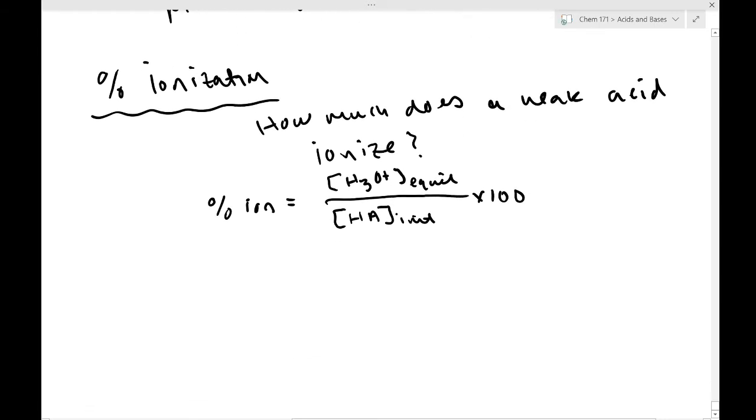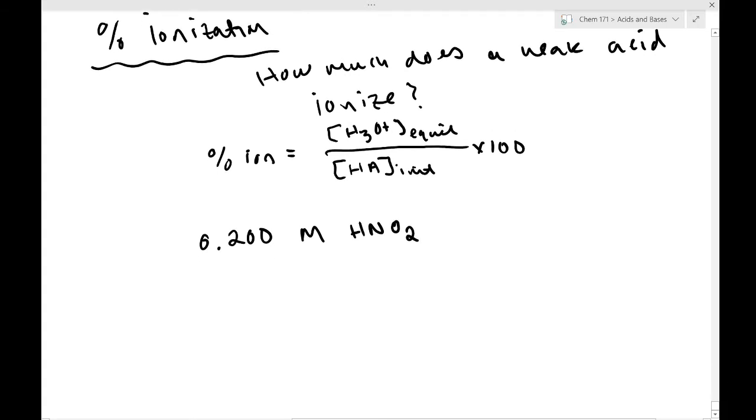So if we have, for example, an initial concentration of 0.200 molar HNO2, and we go through the process, we find that the H3O+ concentration is equal to 9.6 times 10 to the minus 3 molar.